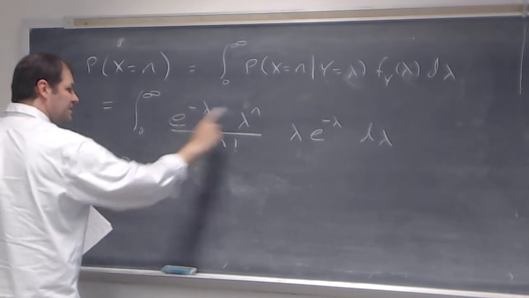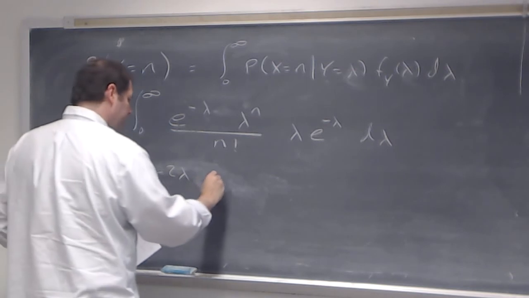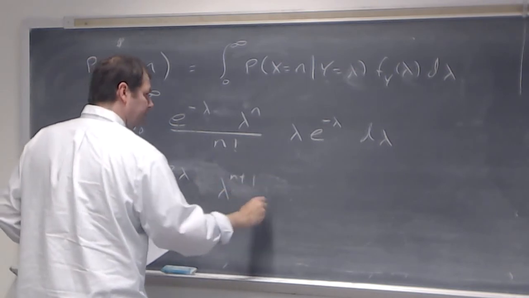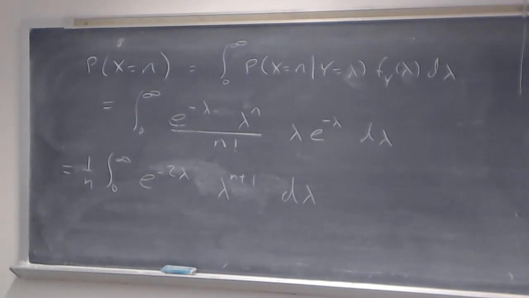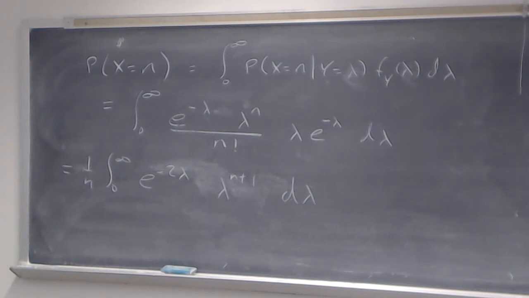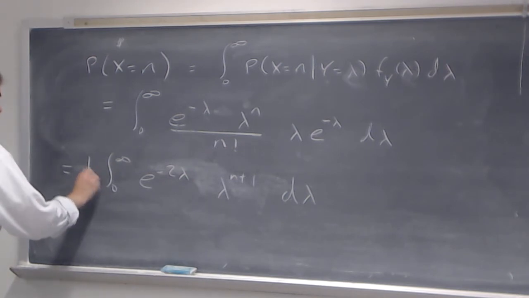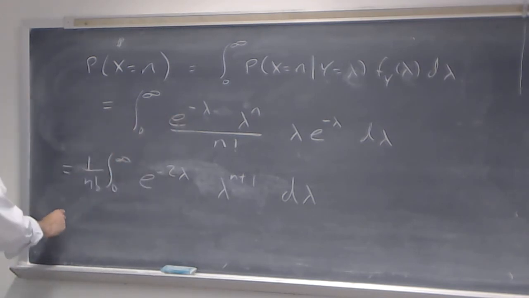Okay, so here, this is e to the minus 2 lambda. I'm sorry. Then this would be lambda to the n plus 1, and then d lambda. Okay, that's what I got. That's correct. Now we've got to compute this integral. This wasn't 1 over n, it's 1 over n factorial. That's just a mistake.